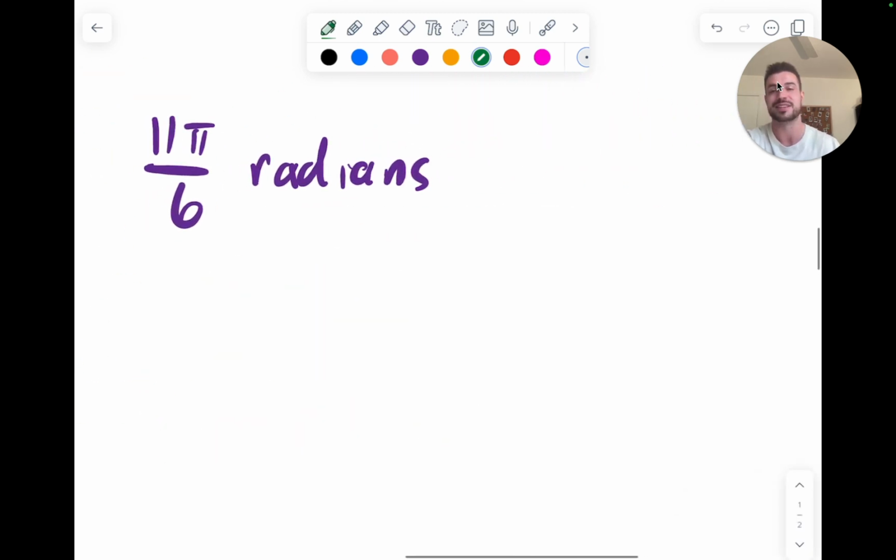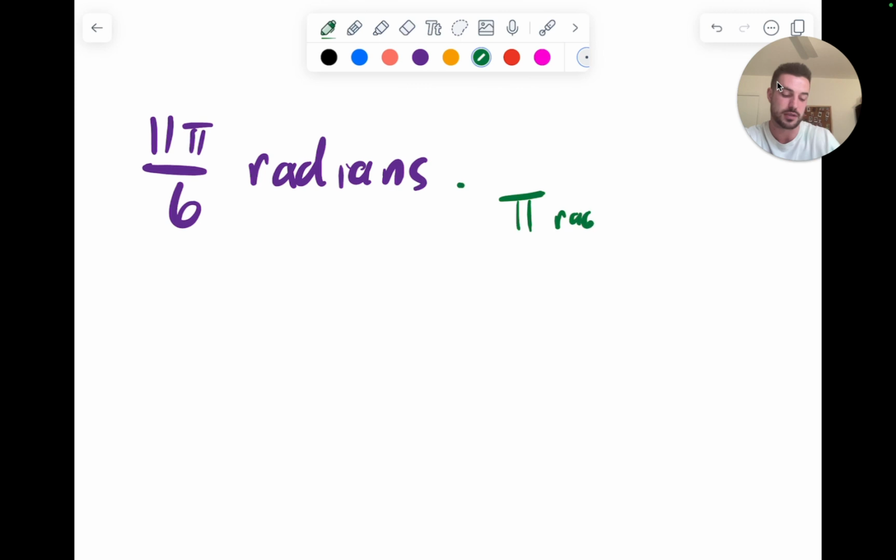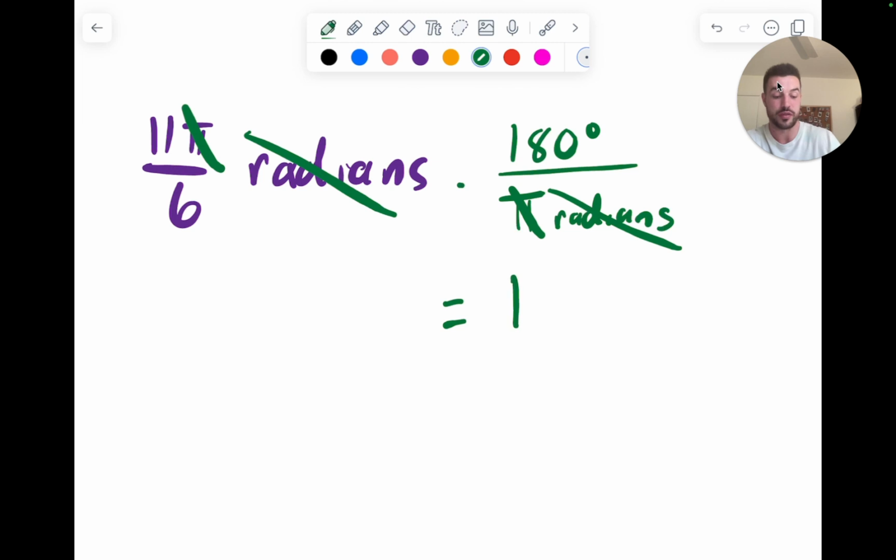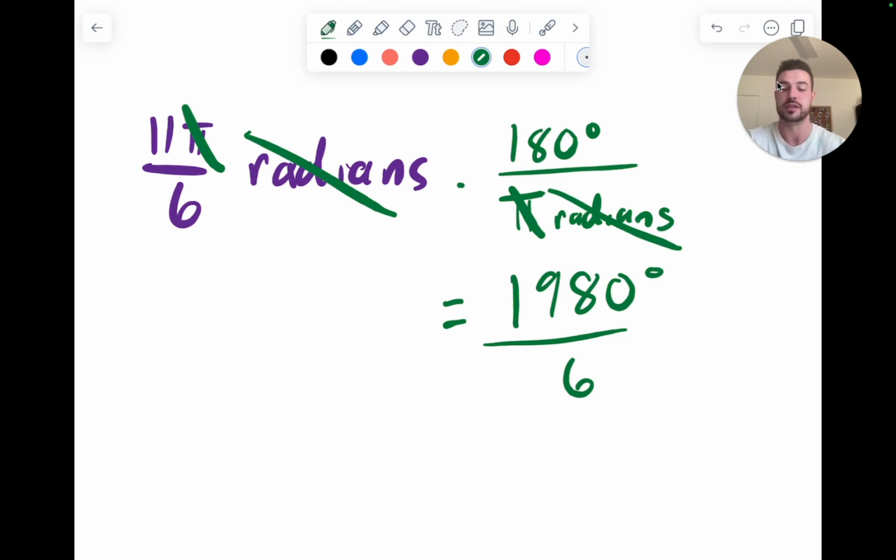Now, last one here, exact same idea, 11 pi over 6 radians. I'm going to multiply by something that's basically 1. And since I want to cancel the radians, I'm going to put my radian measurement in my denominator. All right, and so we do this. We have 11 times 180, so let's cancel our pi's, cancel our radians. 11 times 180 should equal 1,980 divided by 6, and we're talking about degrees.